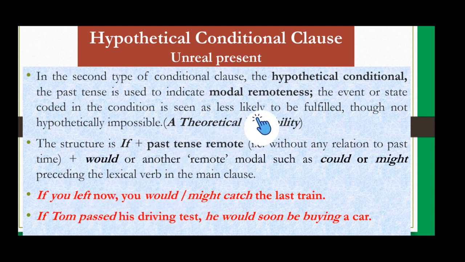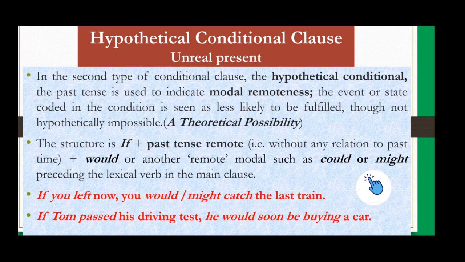Another example is: if Tom passed his driving test, he would soon be buying a car. Did Tom pass his driving test right now? Not at all. When we say if Tom passed his driving test, we are using past tense, but we are talking about present time, not past time.